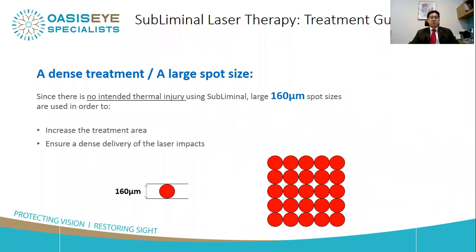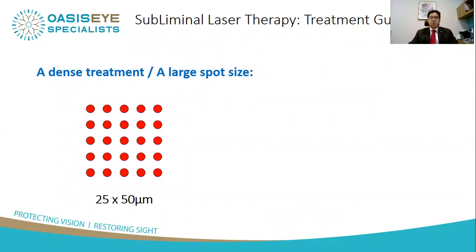We use a dense treatment or large spot size for the subliminal laser treatment, and the spot size is 160 micrometers, which are all connected together, which ensures a dense delivery of the laser burns onto the retina without causing any scarring.